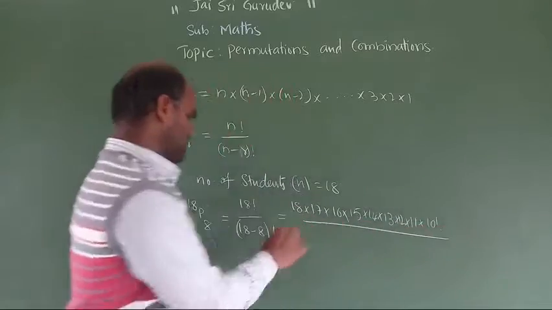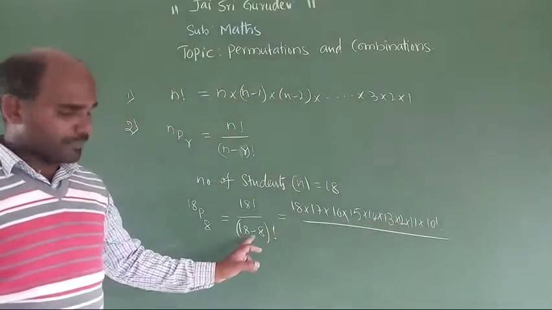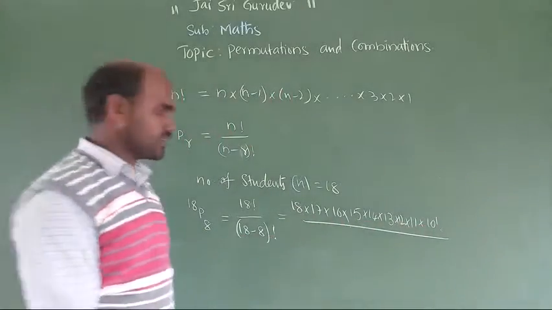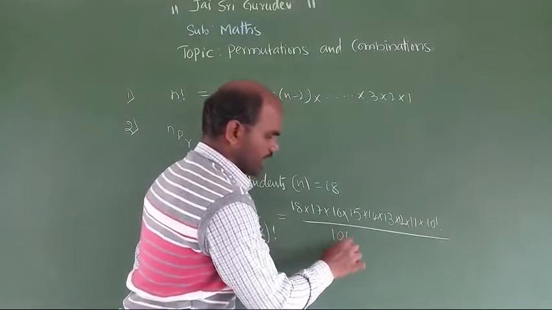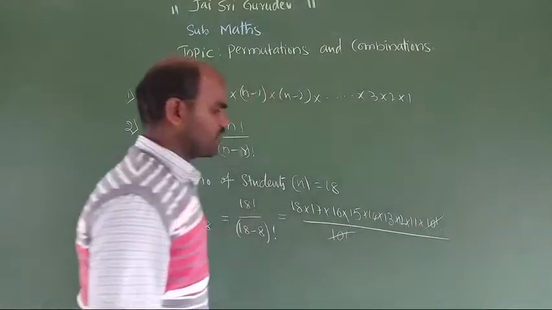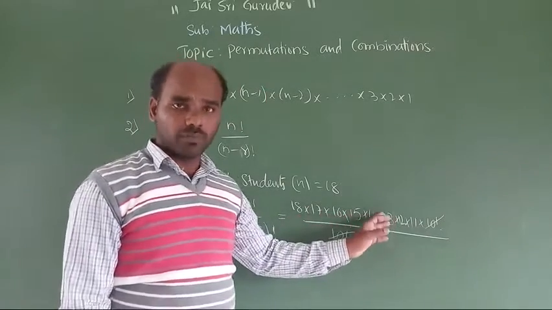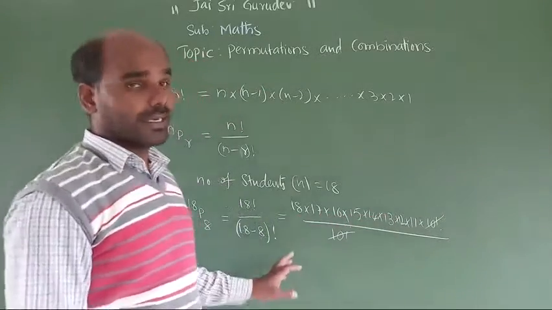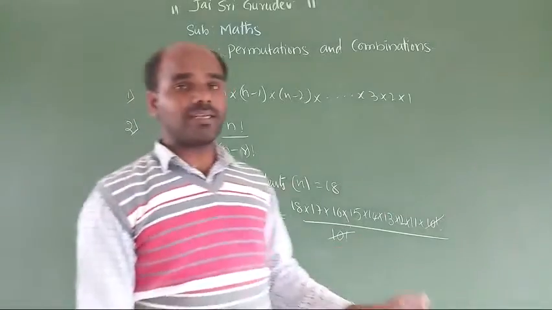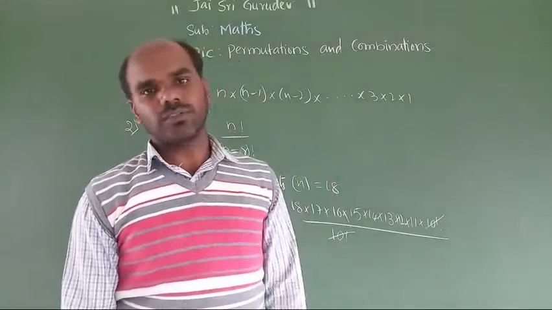Because here 18 minus 8 becomes 10 factorial. So 10 factorial cancels, and the product of the remaining values is the permutation for selecting the students.